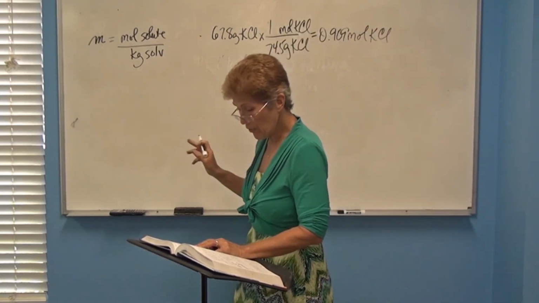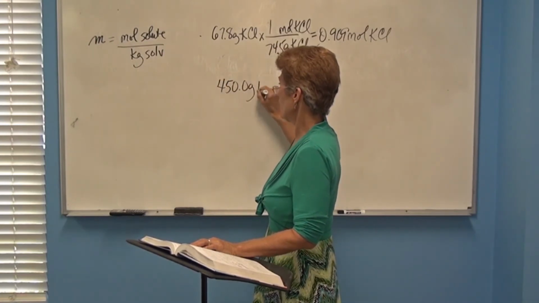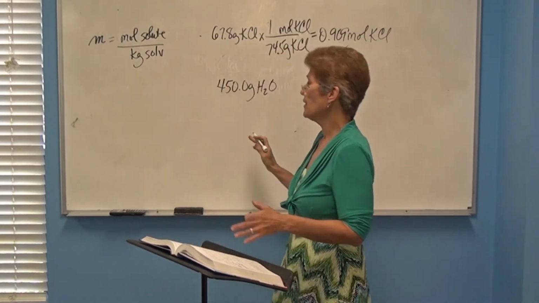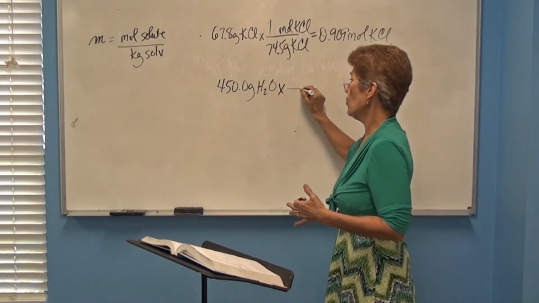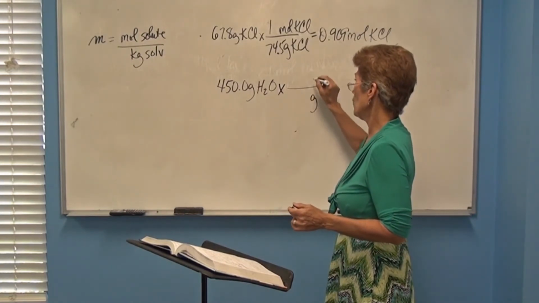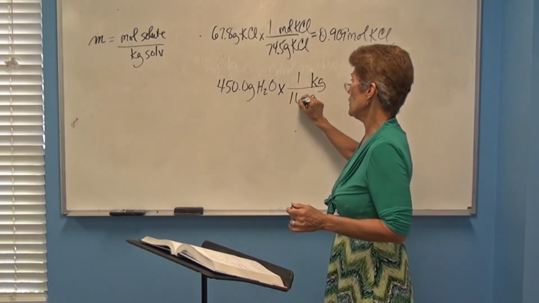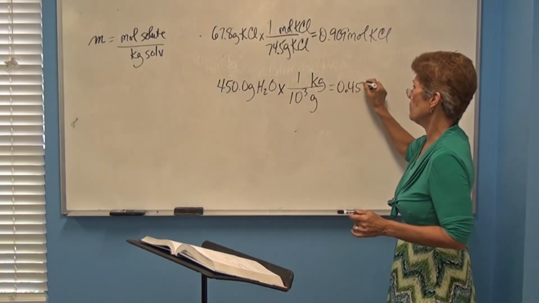And then the kilograms of water, we're given 450 grams of water. Just like taking milliliters to liters, I'm going to show you this once and then I won't show you again, because you're just going to move the decimal back 3 places. To have a gram here and a kilogram here, it's 10 to the third, so that just brings your decimal place back.